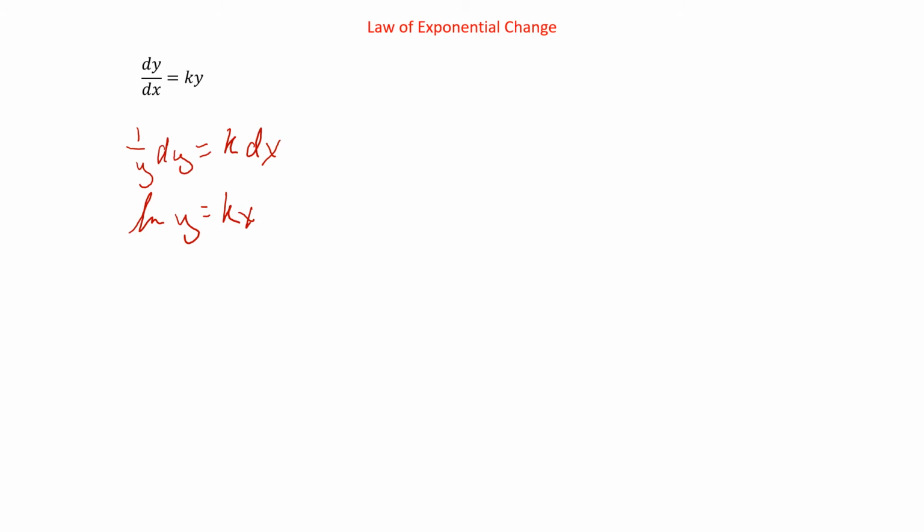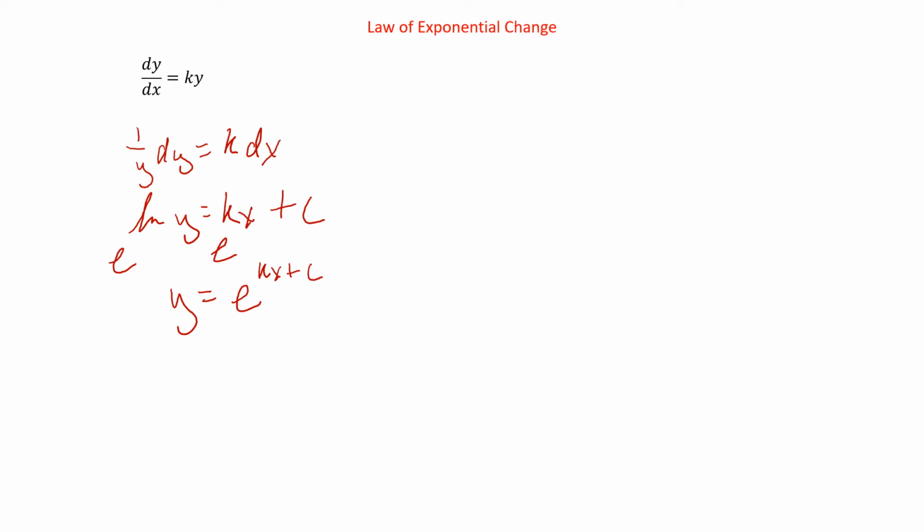How do we get rid of a natural log? We go e to the power. So this gives us y equals e to the kx plus c.